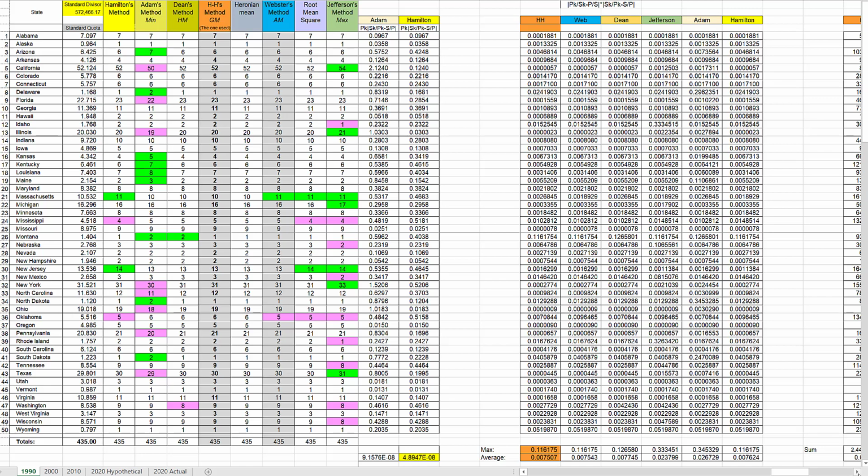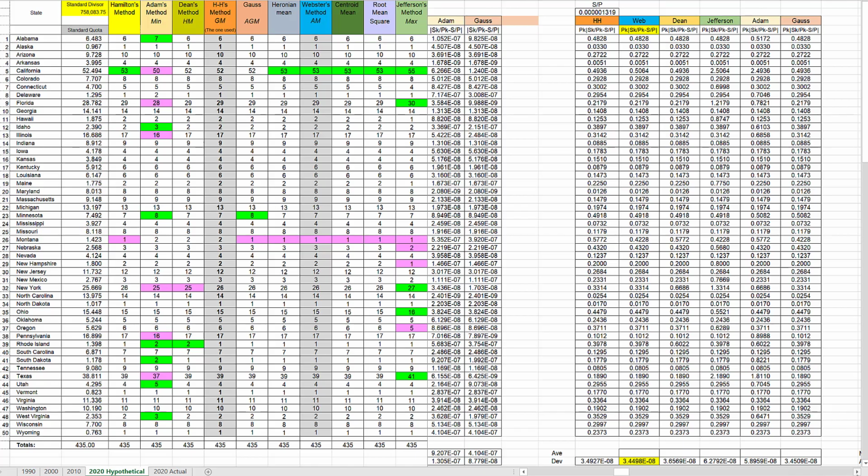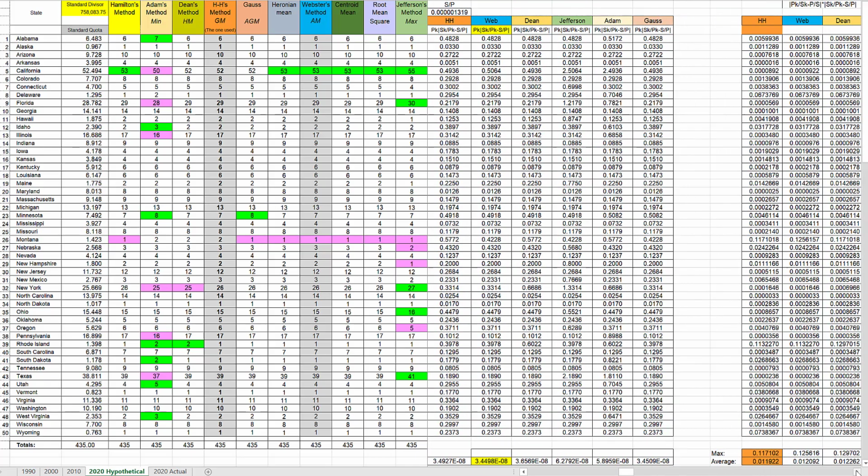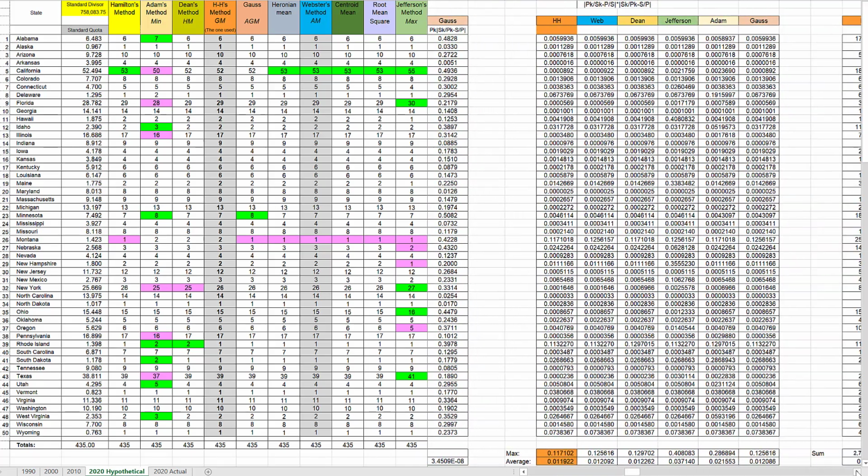You could think of it as a balance. Well, you'd like to minimize this, you'd like to minimize that. Well, if I minimize the product, that's a balance between the two. Although that's never brought up, so I never saw it in any literature. And I'll show what they talk about that Huntington Hill minimizes in a second here. But again, for this method, Gauss being close by, but close but no cigar.